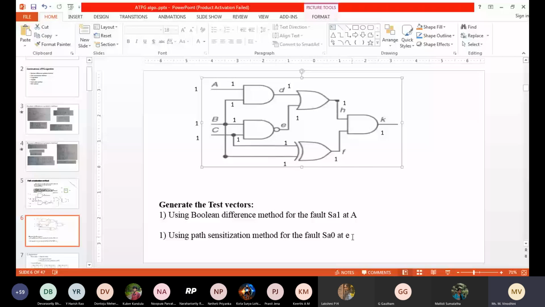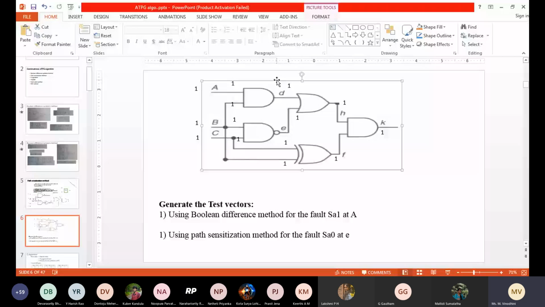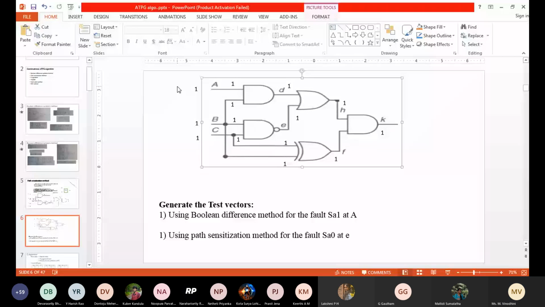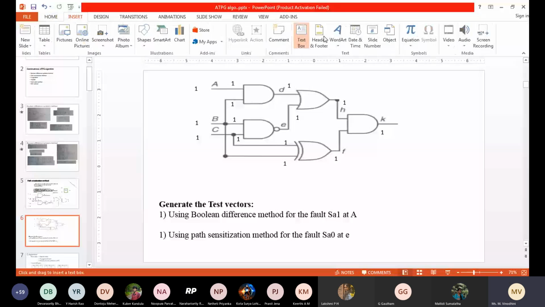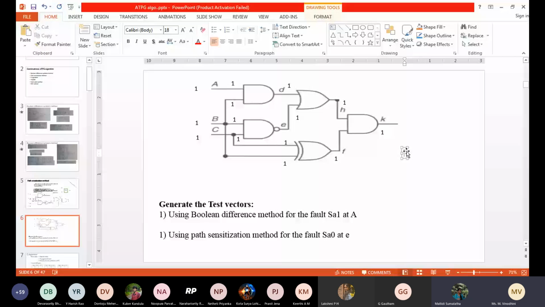How can we proceed? Remember students, first step is to find out how many paths are there. Only one path. What is that path? E, H, K. Only one path is there.